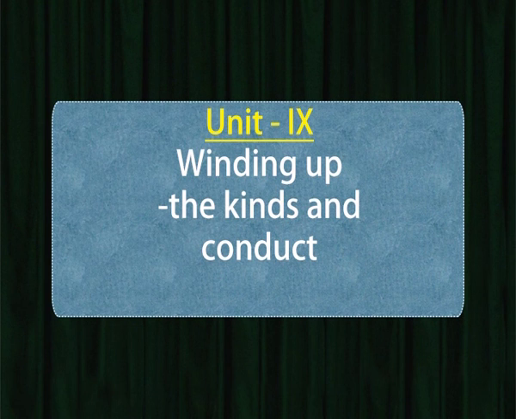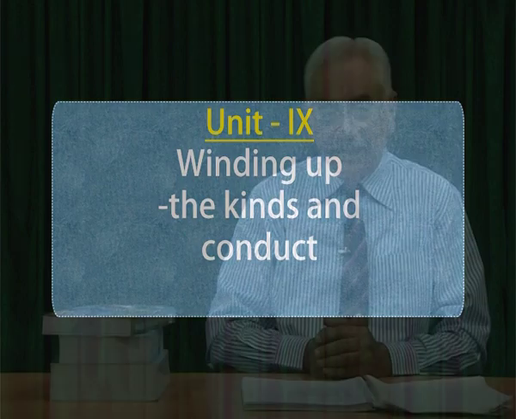In the last, when we talk about winding up and the kinds of conduct, we will talk about how the company can be wound up. Now, if you look at unit number 1, from there we started defining the company, and if you look at unit number 9, we are talking about the winding up of the company.